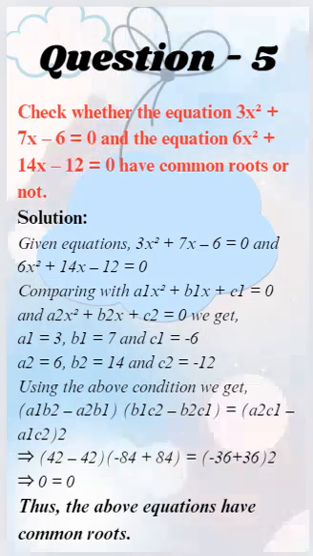If two equations, a1 x square plus b1 x plus c1 equal to 0 and a2 x square plus b2 x plus c2 equal to 0 have common roots, then the product of (a1b2 minus a2b1) and (b1c2 minus b2c1) should be 0. Substituting the values as shown in the diagram, we get the product as 0. So the above equations have common roots.